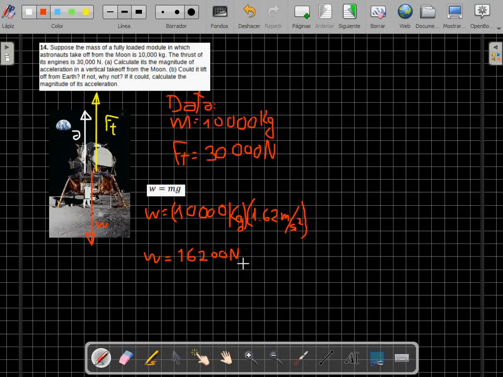Now that we have this, what do we have to do with that weight and with the force? Okay, let's consider that we have two forces here that aren't perpendicular to each other. We have a mass, but we don't have the acceleration, and we want to know its magnitude.